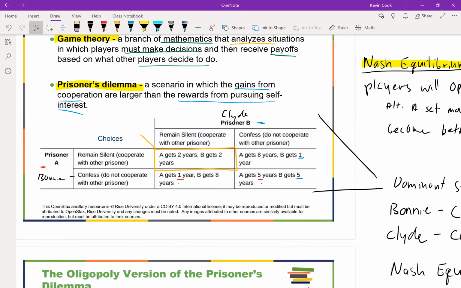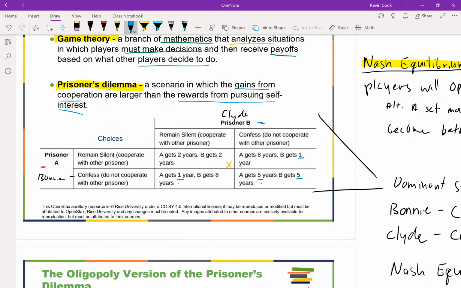So if we start out in this case, we're both remaining silent. I see that Bonnie can become better off by confessing. So this box would not be a Nash equilibrium. Similarly, at the point we just moved to, where Bonnie decides to confess, Clyde can now become better off by switching his move.